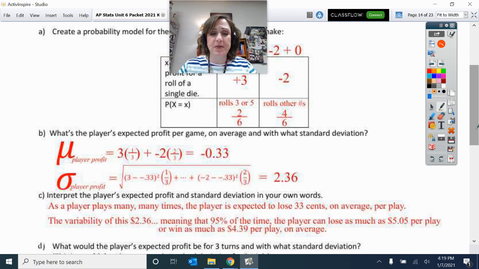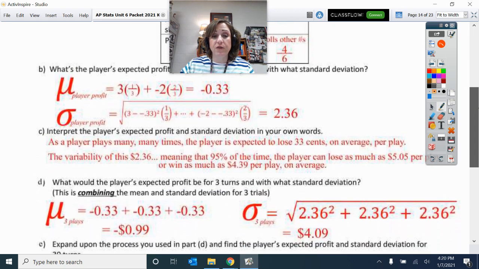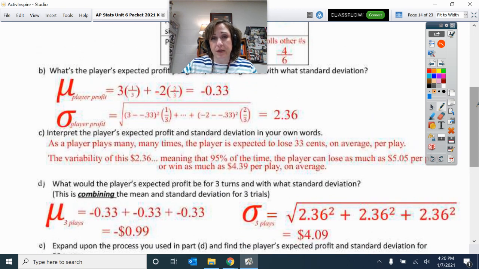So I thought, okay, 2 standard deviations up is $5.50, and 2 standard deviations down is, you could lose as much as $5.05 per play or win as much as $4.39. But overall, you are going to lose 33 cents on average.